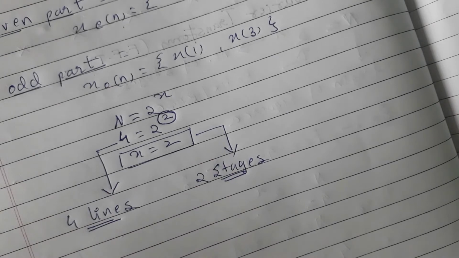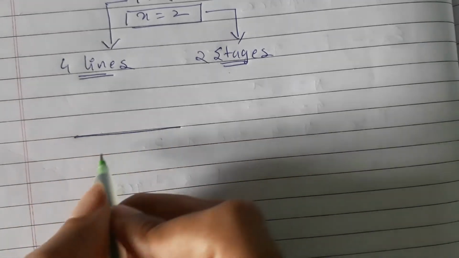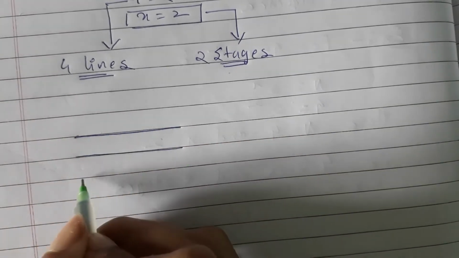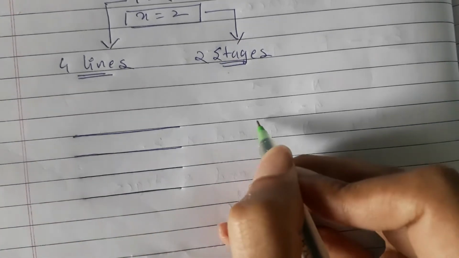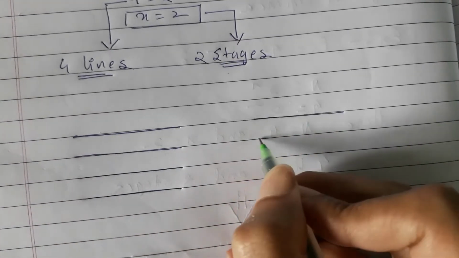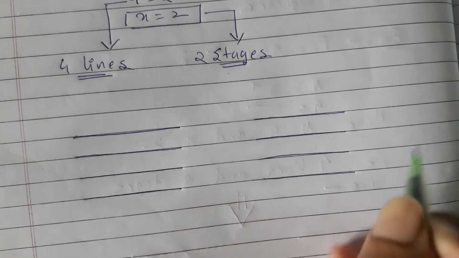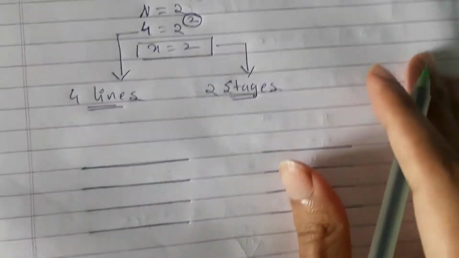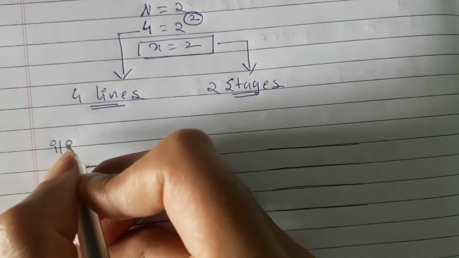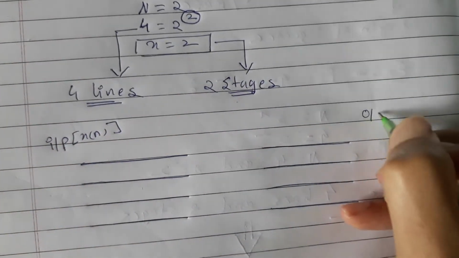So now we will proceed towards the butterfly diagram. Draw 4 lines. This is input, this is output.